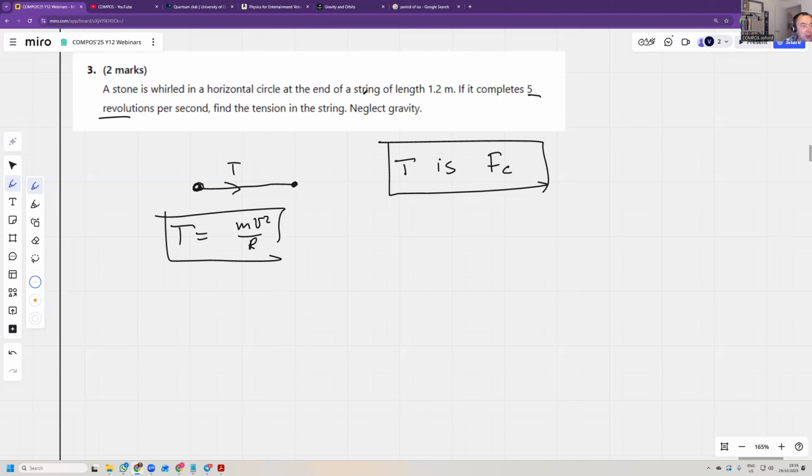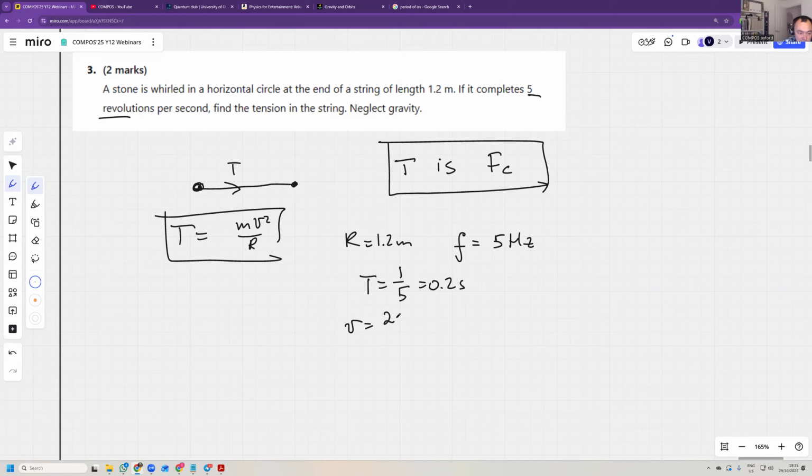Then you start working out. So r is 1.2 meters, 5 revolutions per second. That's frequency. Frequency is 5 hertz. So what can we use here? We can find the time period is 1 over 5, which is 0.2 seconds.